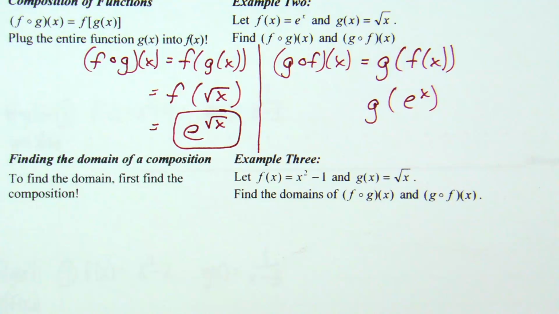If that confuses you, then forget what I'm writing, I guess. I don't know if it helps or if it hinders. I think it might depend on the person, too. Okay, so e to the x has to go into g now. So g says square root of x. So instead of square root of x, we're going to say square root of e to the x.